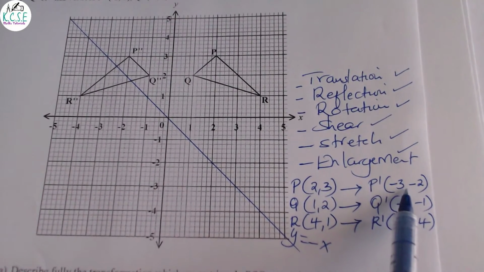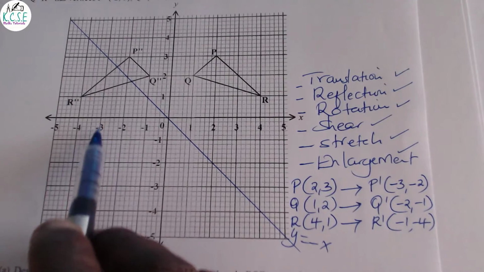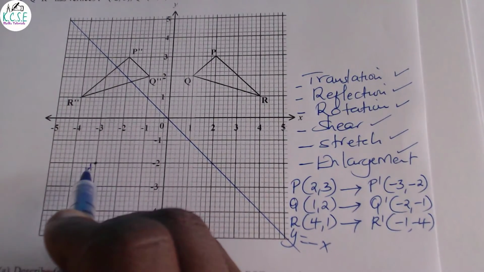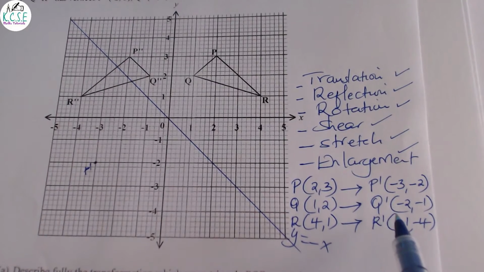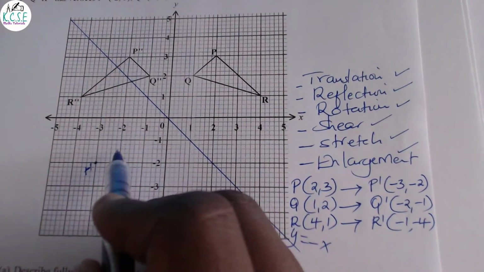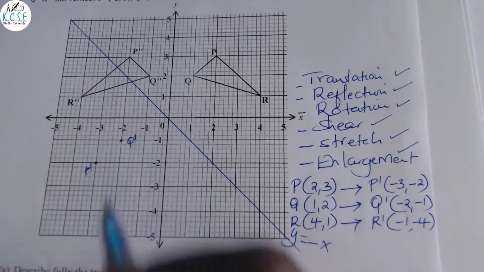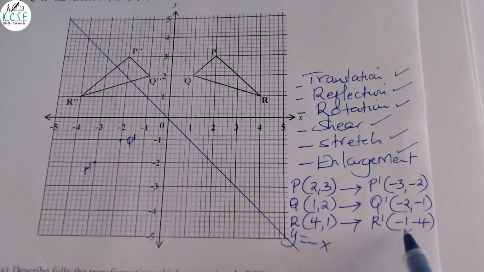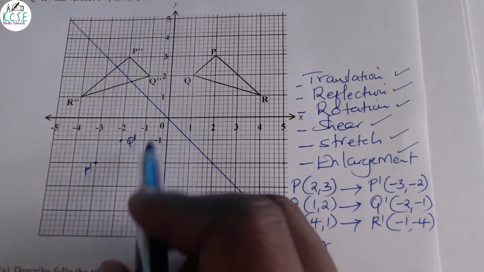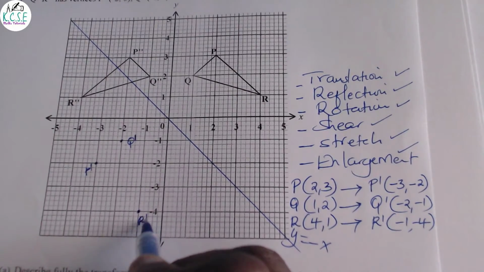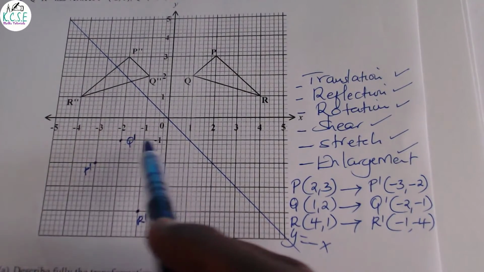So P prime will be negative 3, negative 2. Negative 3 is here, negative 2, so P prime will be there. Then Q prime, negative 2, negative 1, will be here. This is Q prime. And then R prime will be negative 1, negative 4, so that is R prime. So P prime, Q prime, R prime.